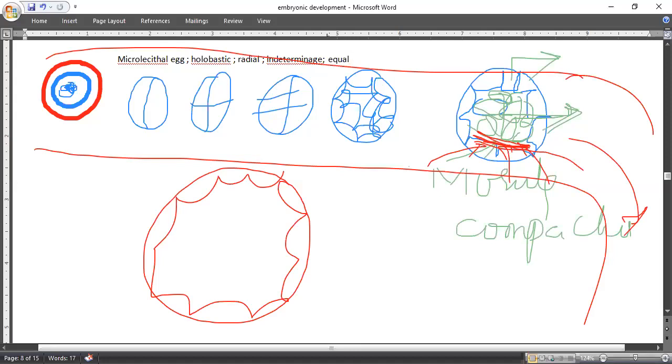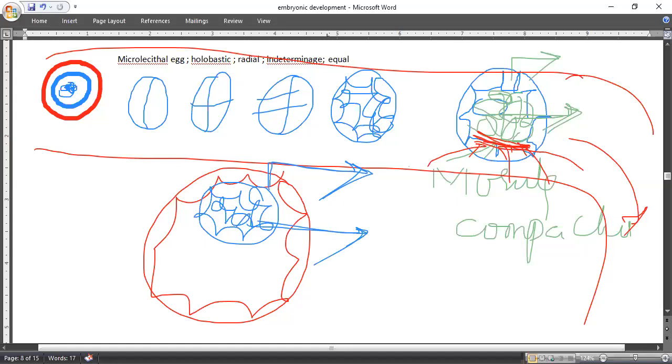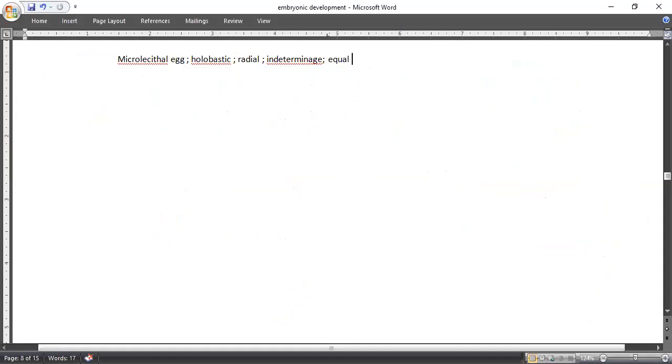The formative cells or inner cell mass are lifted up. So like this: formative cells, inner cell mass, and the outer trophoblast or trophectoderm. At this time, it enters the uterus and is now getting prepared for the implantation process.